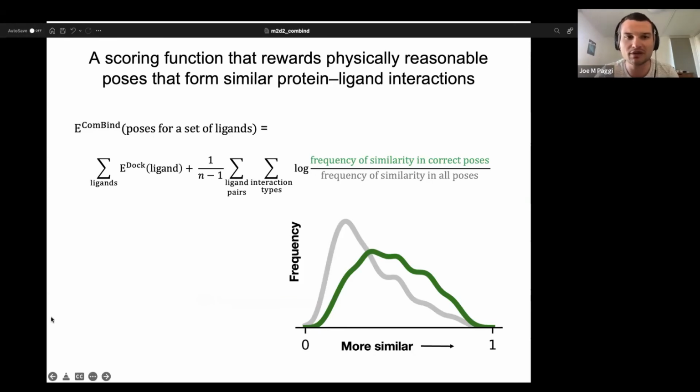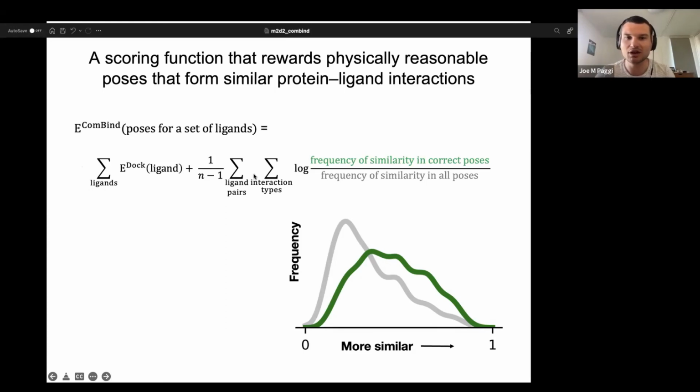One thing I'm realizing I'm missing here is that, depending on which docking engine you use, you might have to add some constant to fit it such that it's in kilocalories per mole. The Glide score is calibrated in kilocalories per mole, so there we just left it as is. But otherwise you might need to fit a constant.